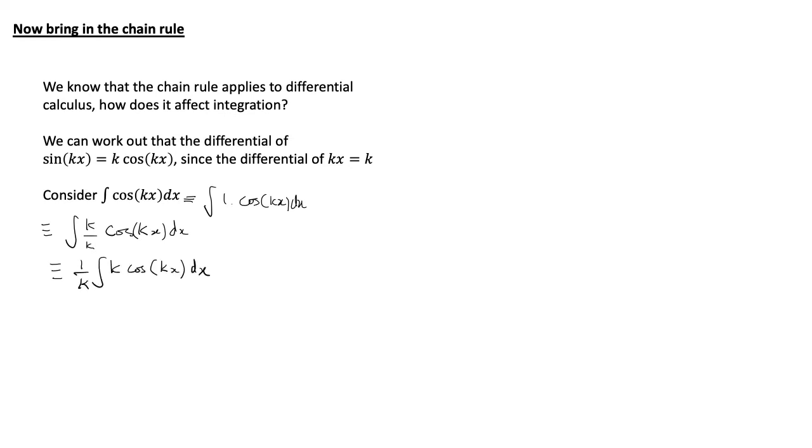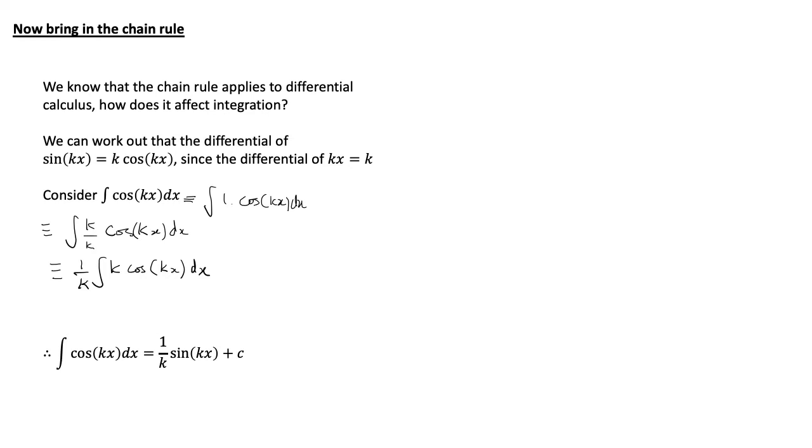And then I can actually take the 1 over k bit outside, leaving me the bit that I know is the differential of sine kx. So therefore I've got the cos kx inside the bracket with respect to x. So therefore my integral of cos kx with respect to x is 1 over k sine kx plus some other constant.